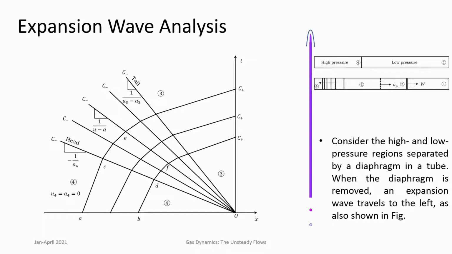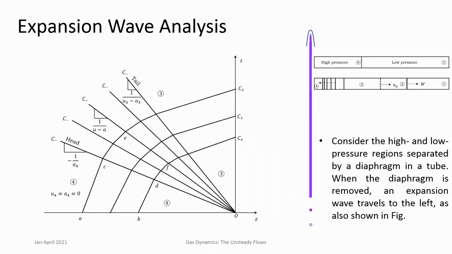Towards the end of the class we had discussed an important behavior: when you have a region of non-uniform flow between two uniform flows, one set of characteristics becomes straight lines, while the other set remains curved, and this is very much the case for the expansion wave.